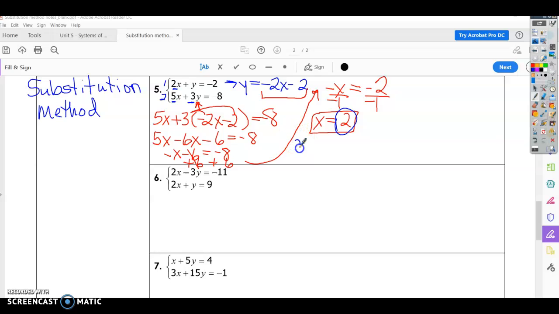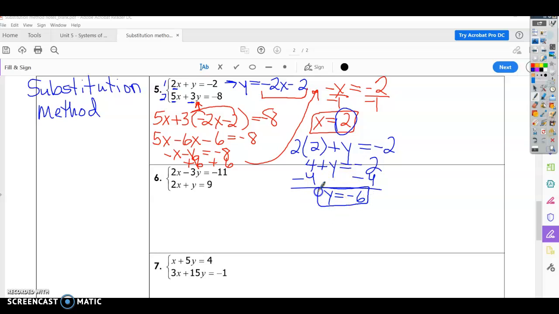So let's take 2 times x plus y, and that should equal negative 2. So when I do that, I'm going to substitute my 2 in here. That gives me 4 plus y equals negative 2, and then subtract 4 from both sides. So y is going to be negative 6.